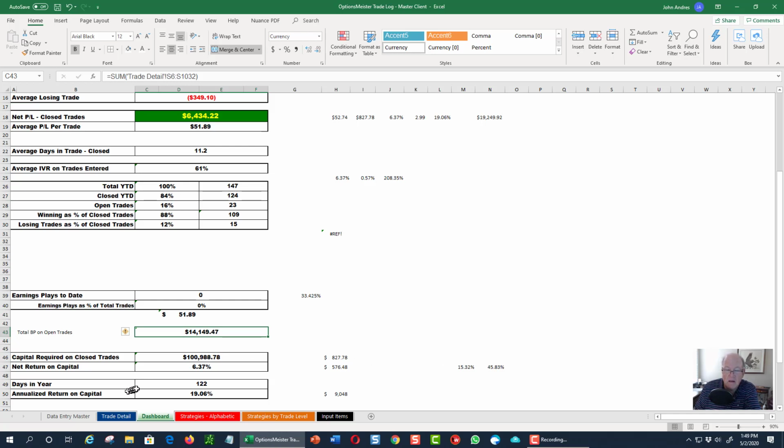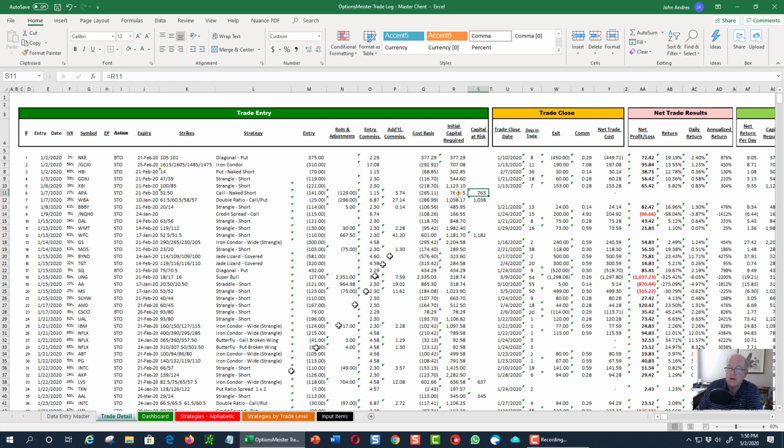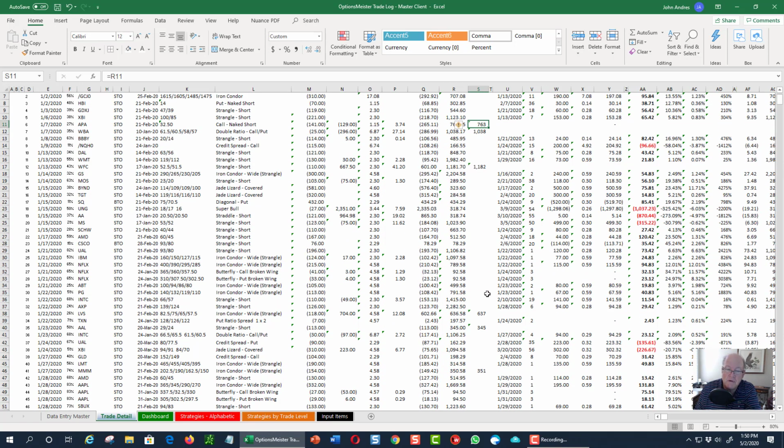Again, it's up to the individual. You could total up how many trades, but I know right now that I've got $14,000 worth of buying power tied up. Now, I put that number in initially here, and it may fluctuate as volatility expands or contracts. I never change it. I just go with what that number is, and I figure at the end of the day it'll all kind of wash out.